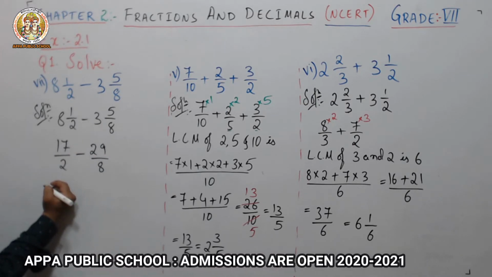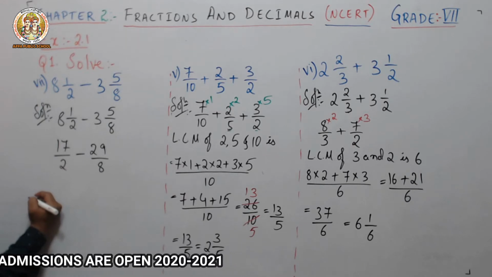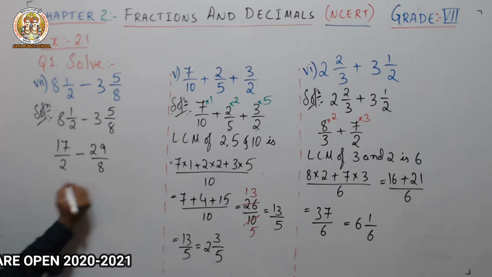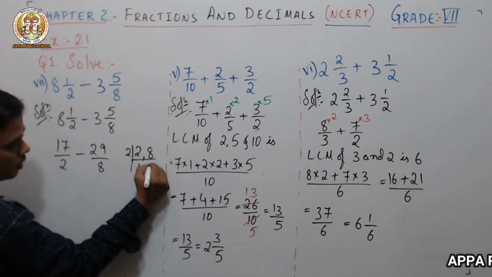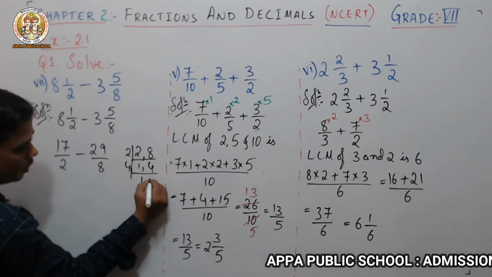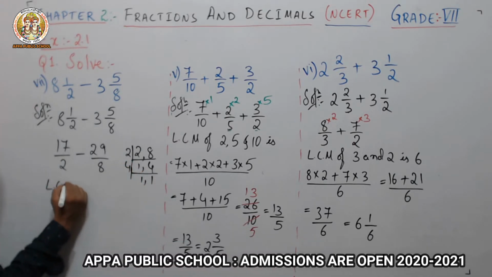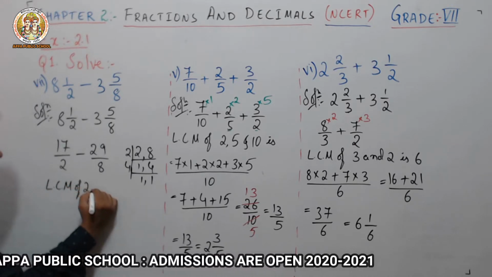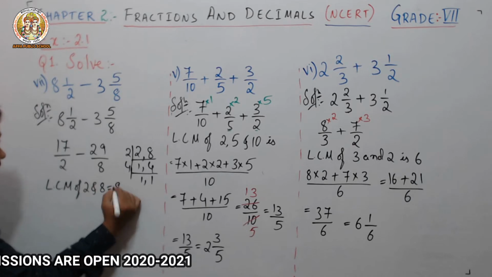Once again what will I do? I will take an LCM here. The LCM of 2 and 8 is 8. Why?